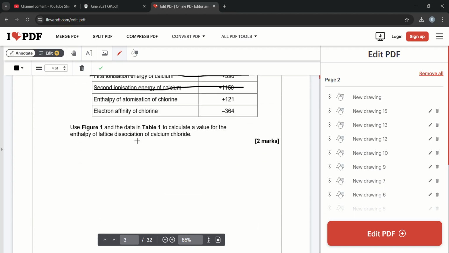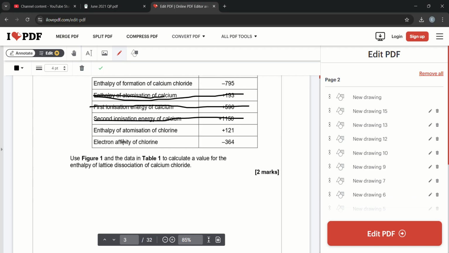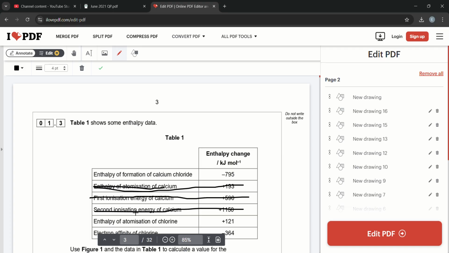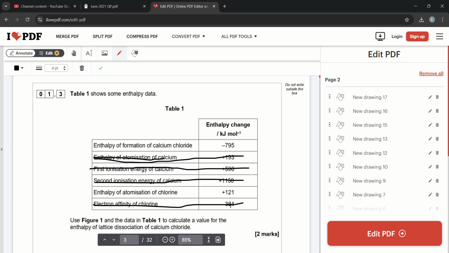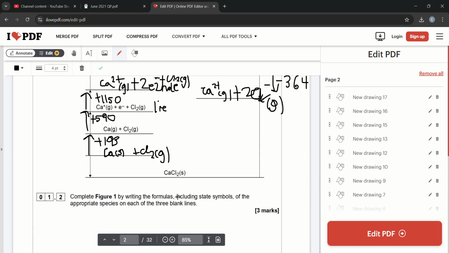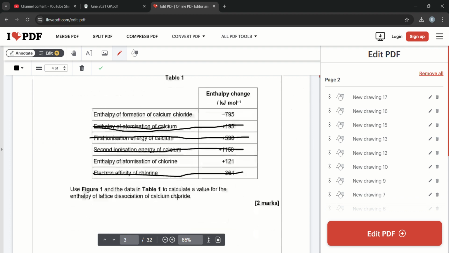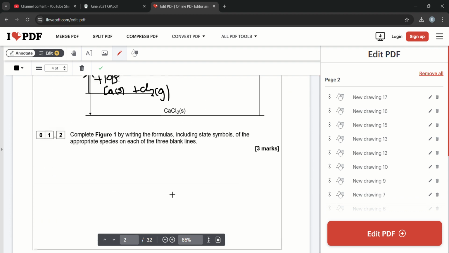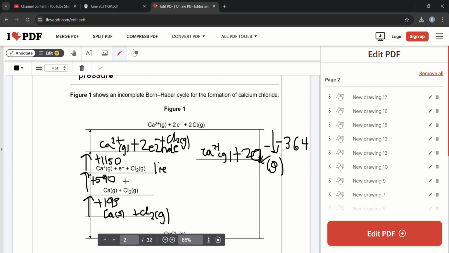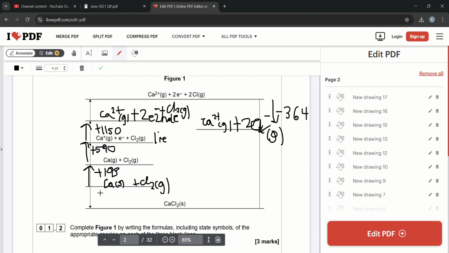Now it wants us to calculate the value for the enthalpy of lattice dissociation of calcium chloride. Well, we know electron affinity of chlorine is minus 364. And we also know enthalpy of formation of calcium chloride is minus 795. So minus 795, enthalpy of formation of calcium chloride.